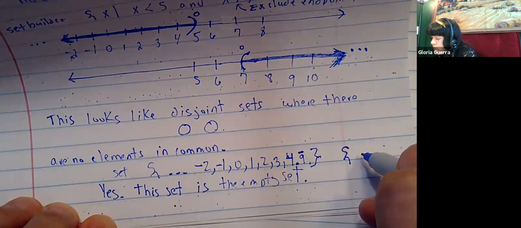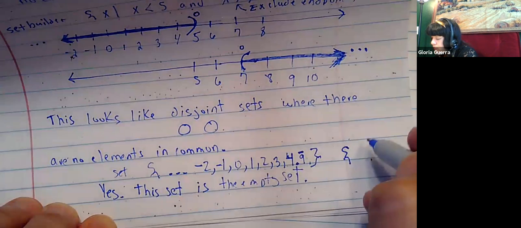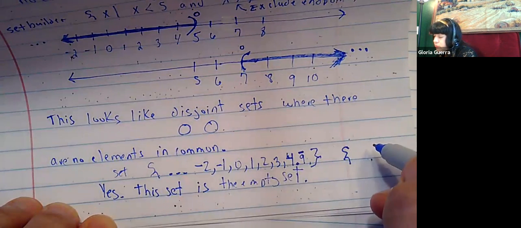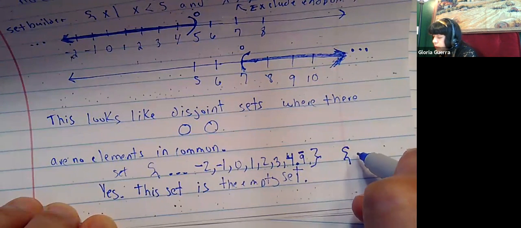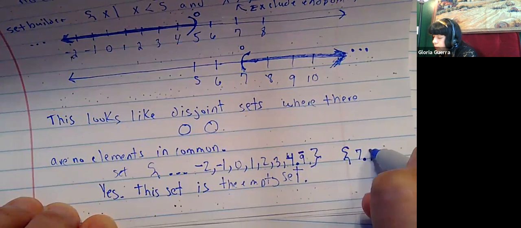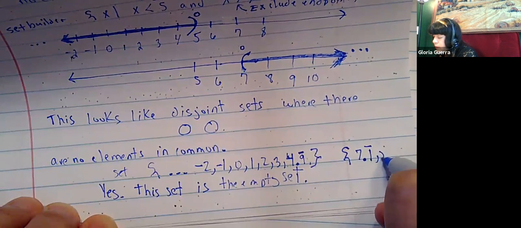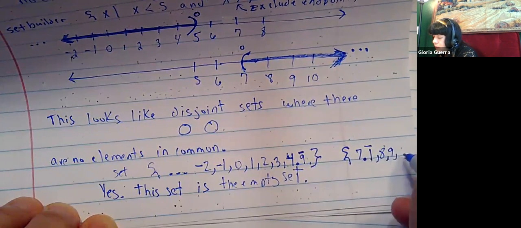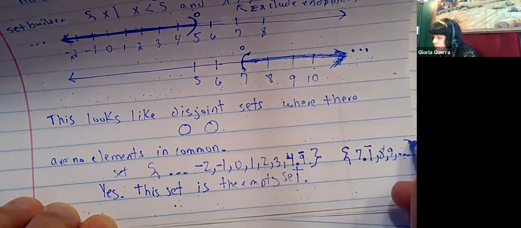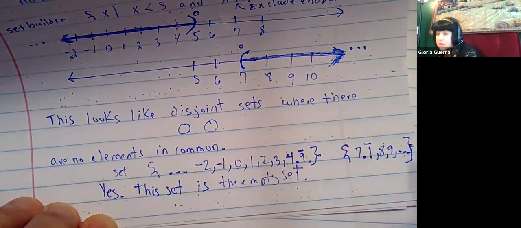It doesn't actually include 7, but it gets real close to 7. So you could put like 7.1, maybe repeating, for example, and then 8, and then 9, and then dot, dot, dot. That's kind of the idea.